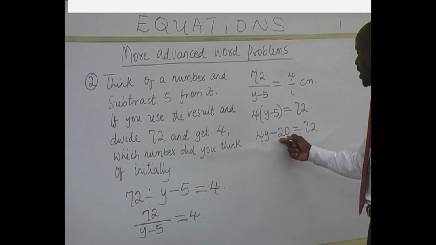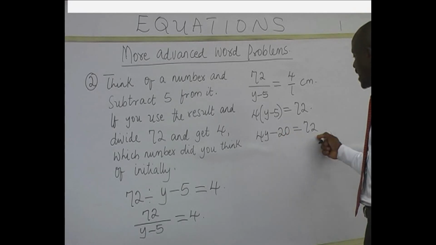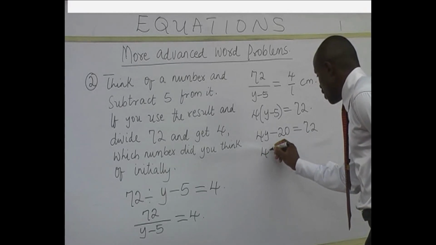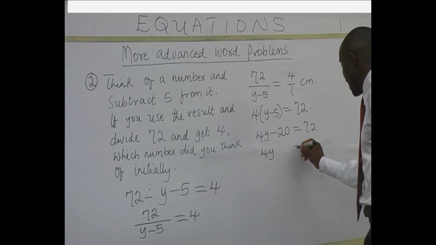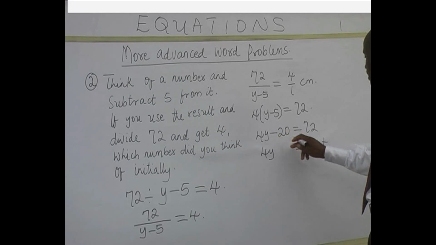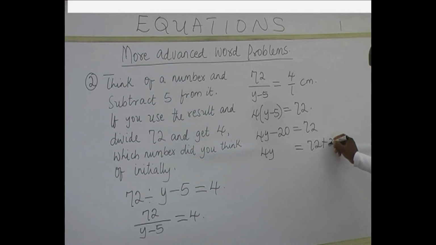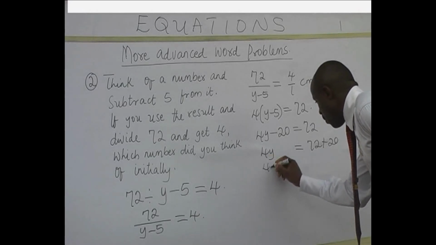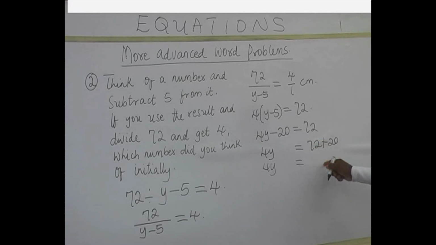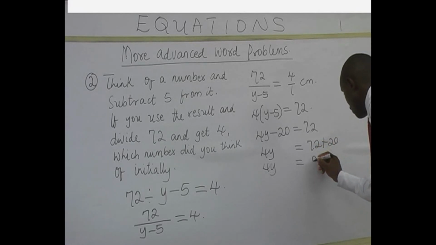Move minus 20 from the left-hand side of the equation to the right-hand side. Remember, it will change to plus 20 at the right-hand side of the equation. So we'll be left with only 4y on the left-hand side, which is going to be equal to 72. Instead of minus 20, you have plus 20. That means 4y is equal to 72 plus 20, which gives you 92.